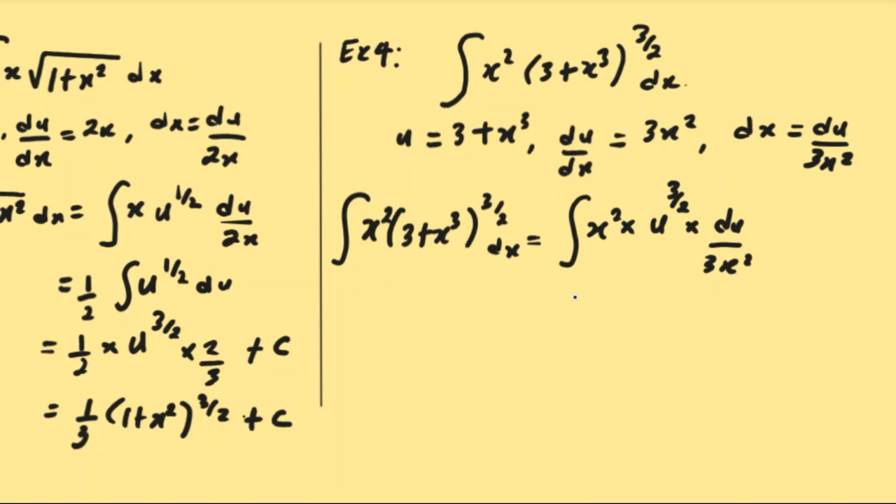So x squared will cancel x squared. We can factorize 1 over 3 out. That will give us 1 over 3 integral u raised to the power 3 over 2 du.